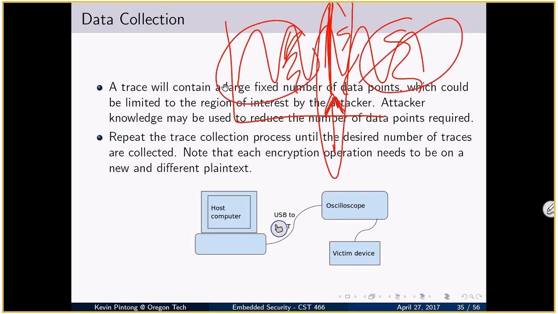I'm just drawing squiggles now. So you only have to capture one data point, if you can find that particular data point that has a substitution step, that substitution box, or that unique XOR operation.